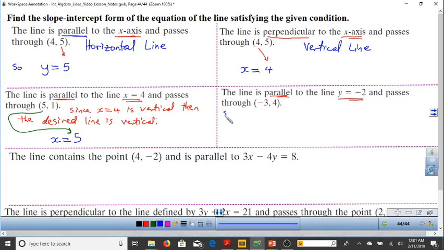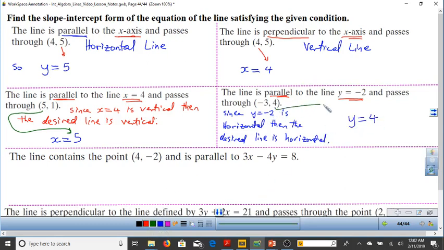So again, since y equal to -2 is horizontal, then the line we want, the desired line, is also horizontal because it's parallel to a horizontal line. So the equation is y equal to the y coordinate, which is 4. So y equals 4.